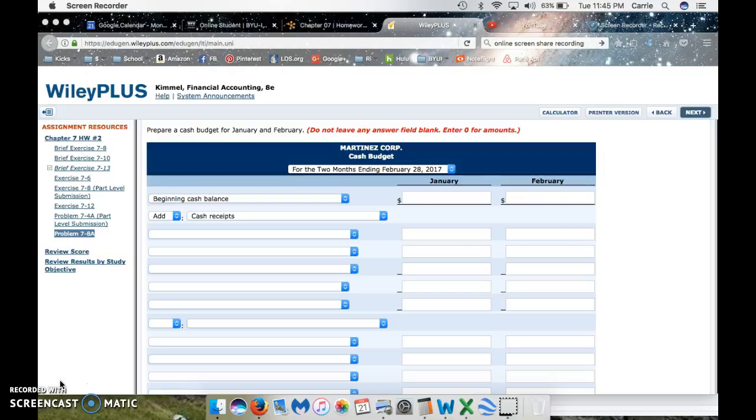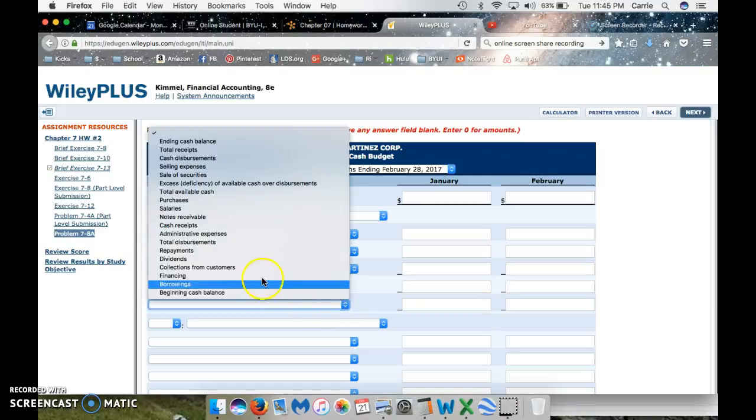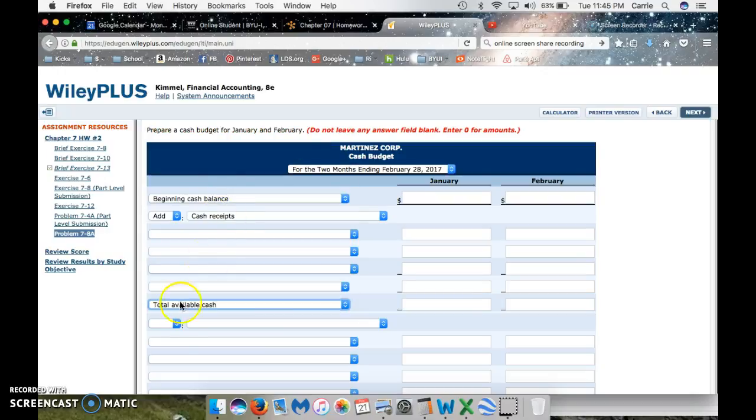Excuse my, it's way past your bedtime alarm. Okay, so we've got our addition of cash receipts, which means when we get right here, we know we're going to have our total available cash.